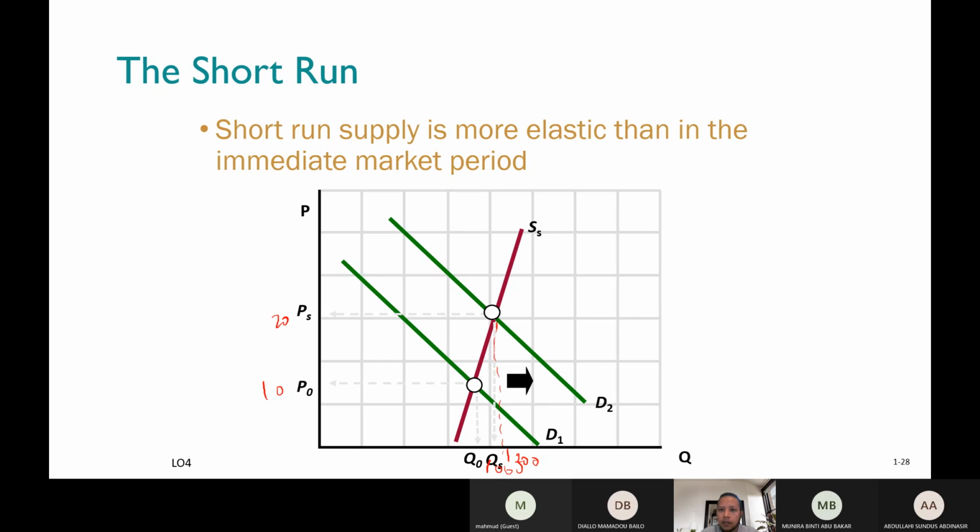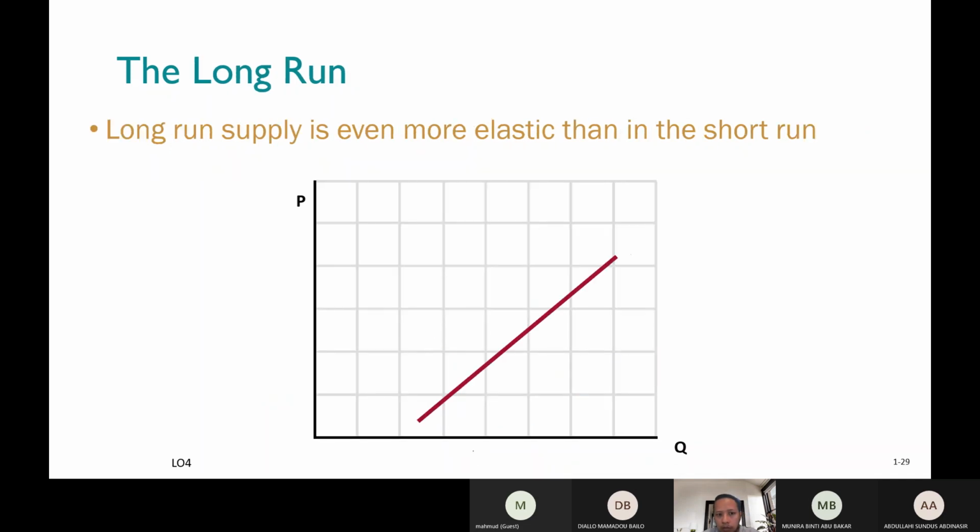And then if you have more time, maybe you can buy more chicks, or you can breed more chicken, or you can expand your chicken coop so you can have more chickens, and you can expand your business. So in the long run, you can change it much more.